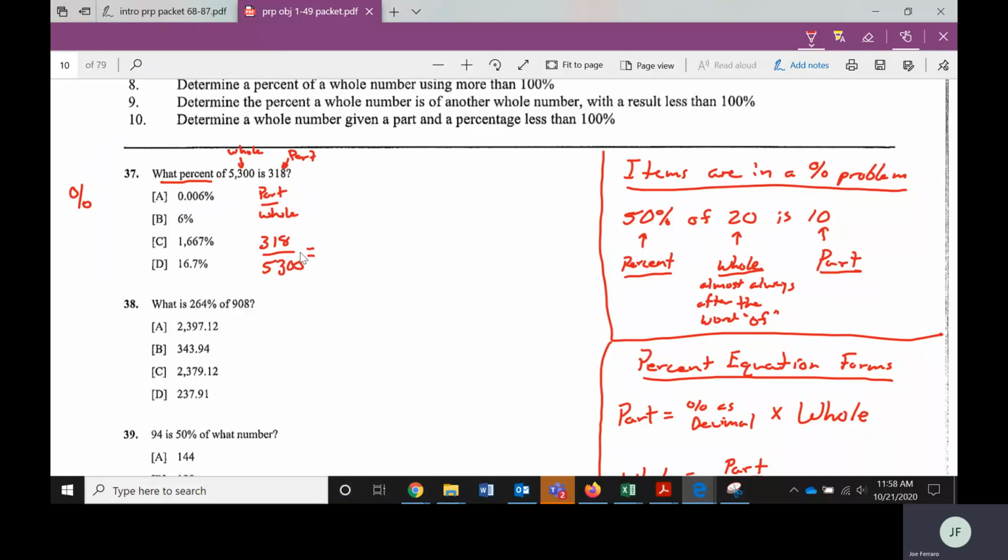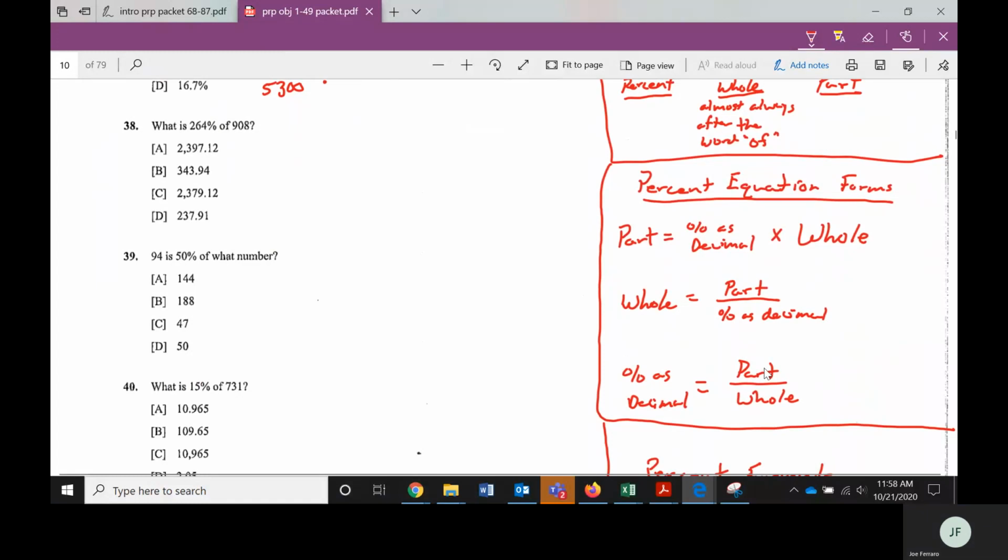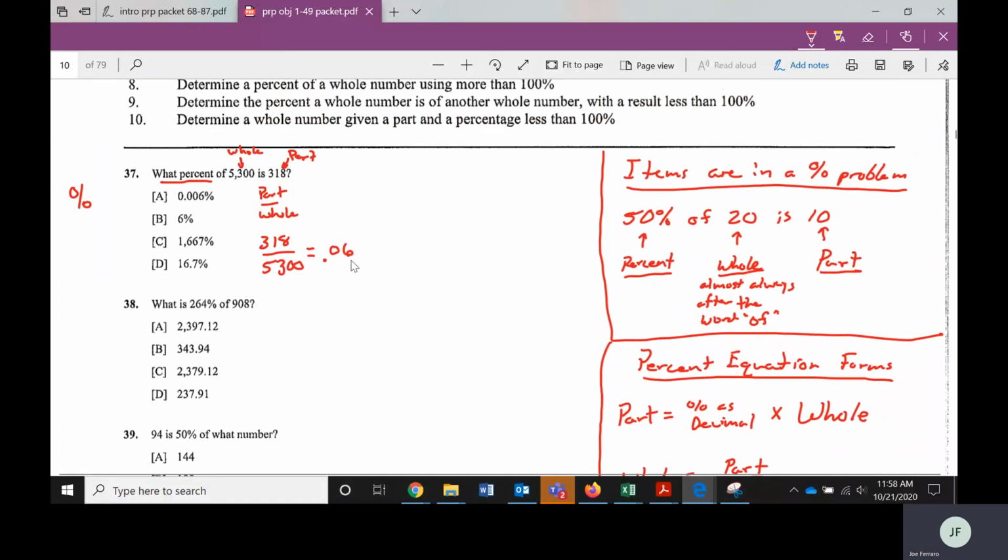Now this is where you take your calculator. You take 318 divided by 5300, and that's going to equal 0.06. Now you need to remember, the part over whole equals the percent as a decimal. So we need to convert this to a percent. Remember, you move the decimal 1, 2. Now the decimal's here, so this would be 6%.